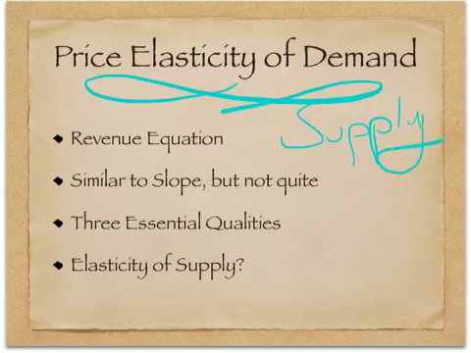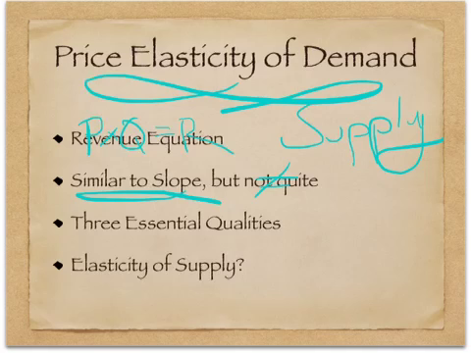Tonight we looked at the revenue equation, which is price times quantity equals revenue. We talked a little bit about how it's similar to slope and that that's a useful way to think about it, but it's not exactly slope, so be conscious of that. It has 3 essential qualities, and this is for next week.